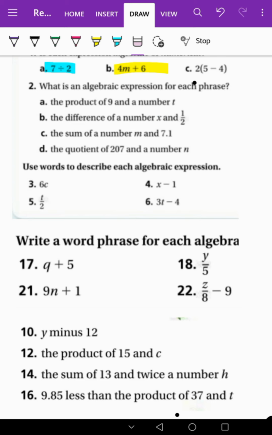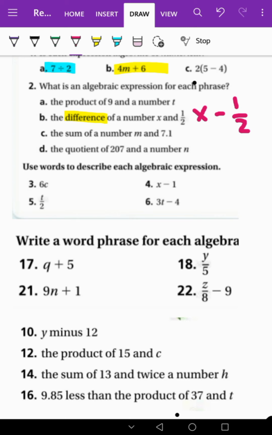Now B. The difference of a number x and 1 over 2. What is the keyword here, Ayman? Difference. Good. Difference is the keyword. Between what and what? x and 1 over 2. Now C: the sum of a number m and 7.1.